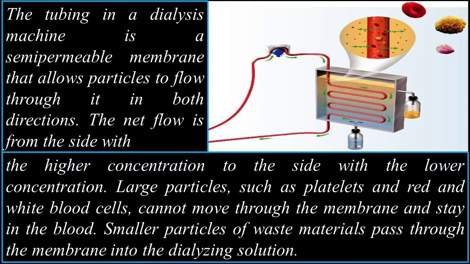Large particles such as platelets and red and white blood cells cannot move through the membrane and stay in the blood. Smaller particles of waste materials pass through the membrane into the dialysis solution. So here you have the dialysis machine and the explanation of the dialysis machine.